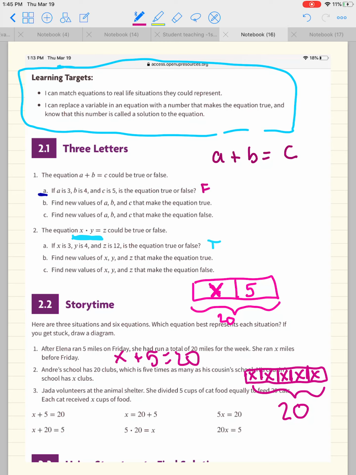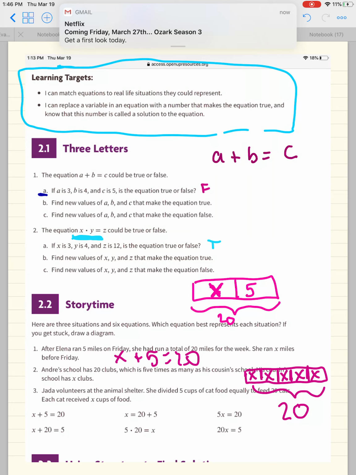So how can we represent this as an equation? We know that x repeating 5 times, x plus x plus x plus x plus x, is going to equal 20. We also know that repeated addition is equal to multiplication.